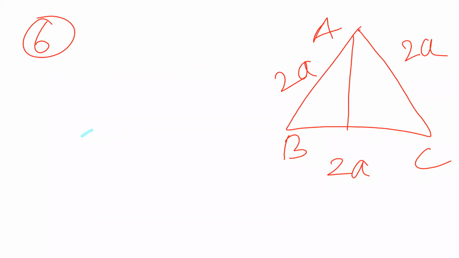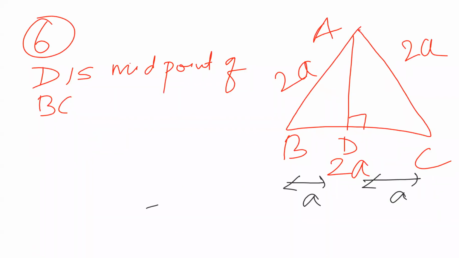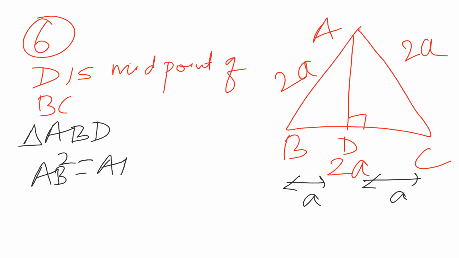So this was a basic concept. Now come to the point. ABD is a right angle triangle. Triangle ABD is right angled, so Pythagoras theorem applies. AB square will be equal to AD square plus BD square.